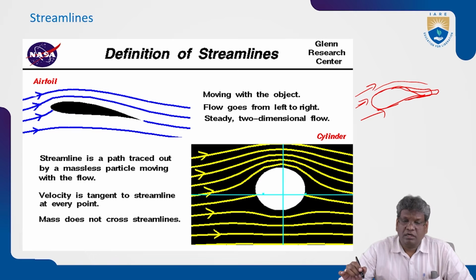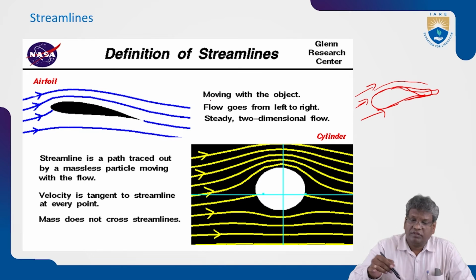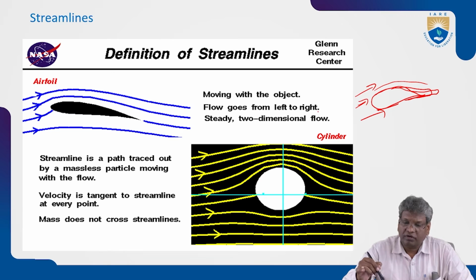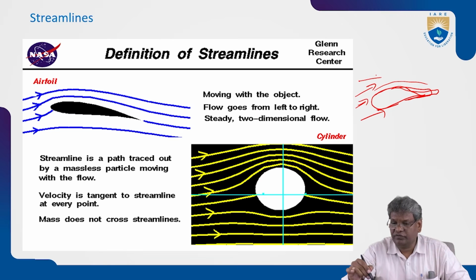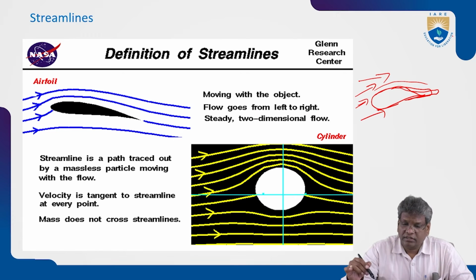These streamlines are moving with the object. The flow goes from left to right, so the flow is steady and two-dimensional.